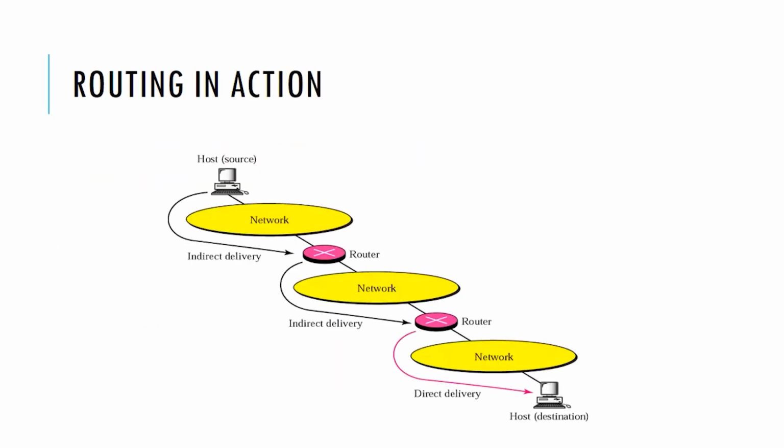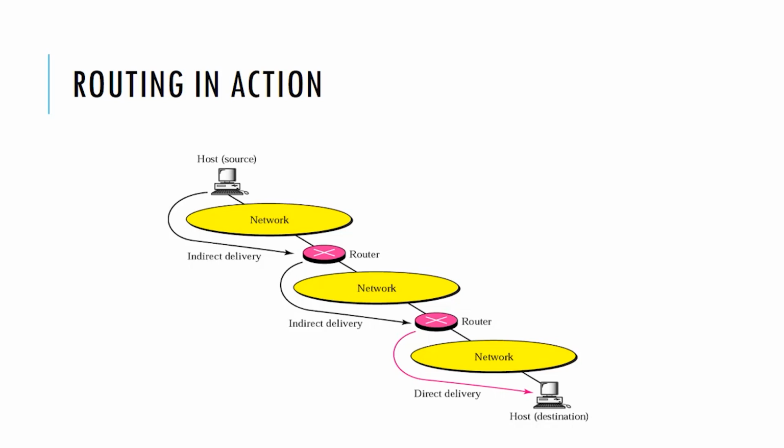If we want to see routing in action, we can look at this diagram. We can see the source host and the destination host separated by 3 networks and 2 routers. The source connects to its specific router through direct delivery, then the router connects to the next router through indirect delivery, and then the last router connects to the host through direct delivery.